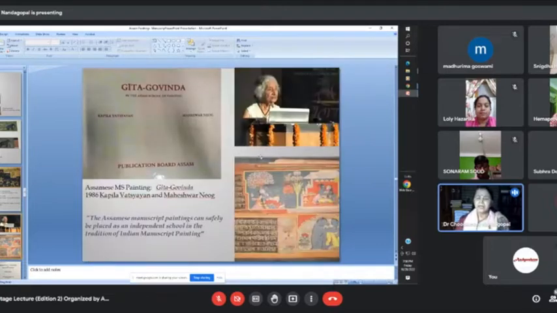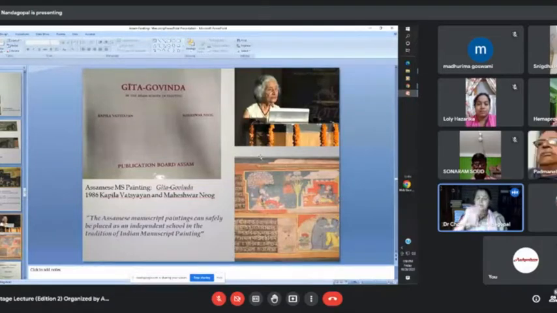Then Geet Govinda is another Assam school of painting. Dr. Kapila Vatsyayan called it the Assam School of Painting. Till then, it was not known in Delhi. It was not taken as part of the mainstream of Indian painting or Indian art.